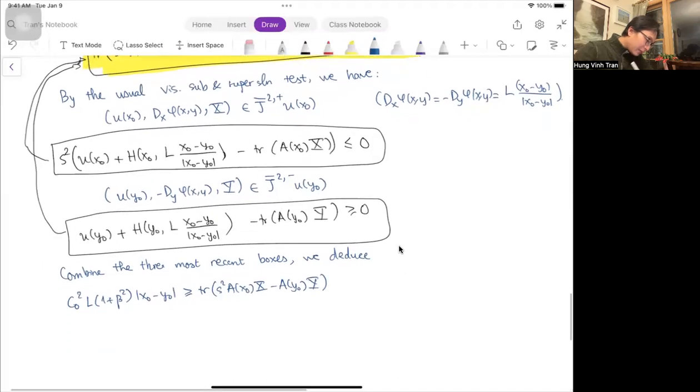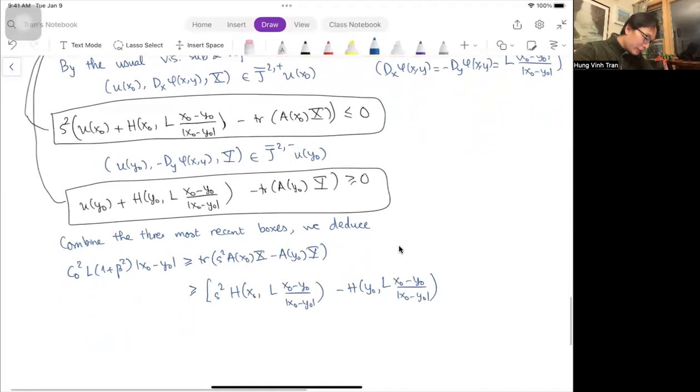On the other hand, by the 2 latest boxes, this is greater than or equal to S squared times the Hamiltonian at x naught, L (x naught minus y naught), minus h of y, L (x naught minus y naught) over |x naught minus y naught|. And the u function, and u is easy.